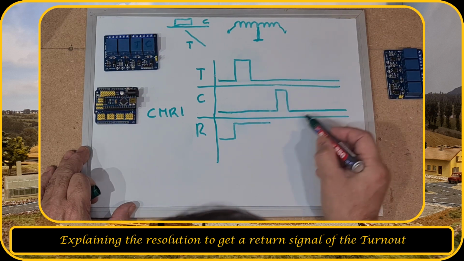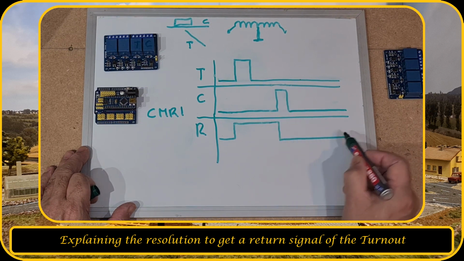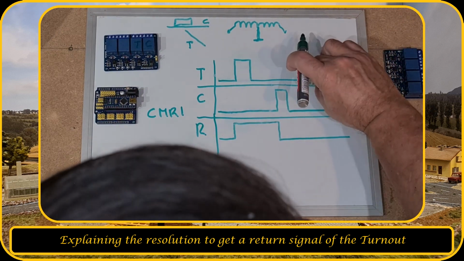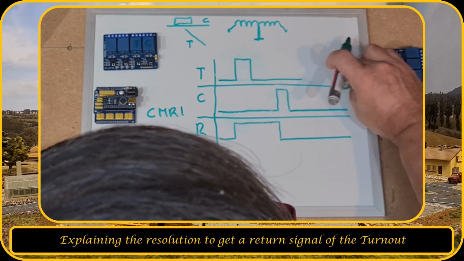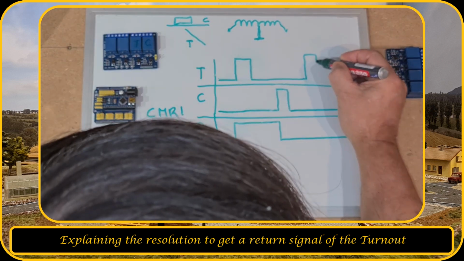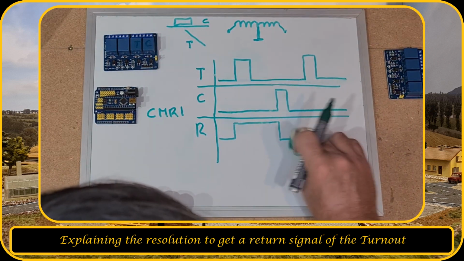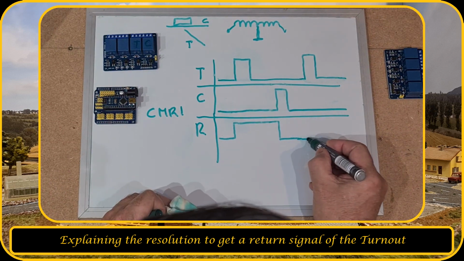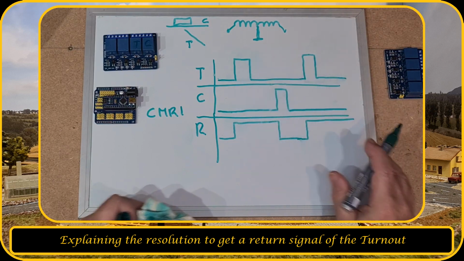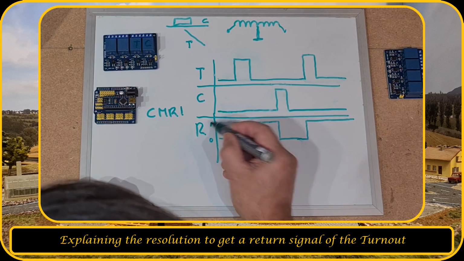That means the signal is set to low again. And as soon as a turnout is set to thrown, then the result of that sensor will be, as long as there is no close signal, a 1. So this is a 0 and this is a 1.